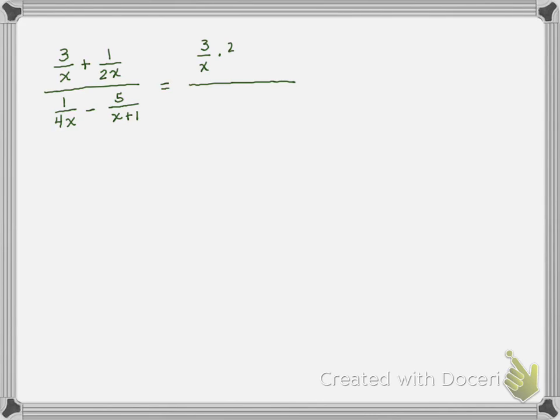Yeah, just 2 over 2. We don't need another factor of x, right? And then plus 1 over 2x. That gives them common denominators, so it's totally fine not to multiply that second fraction by anything. It's already got the denominator we want. And then what about in the bottom?